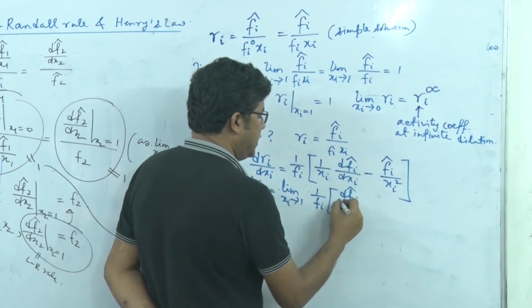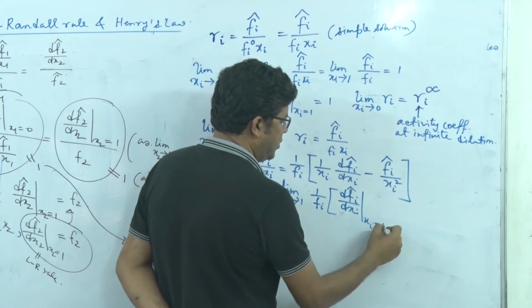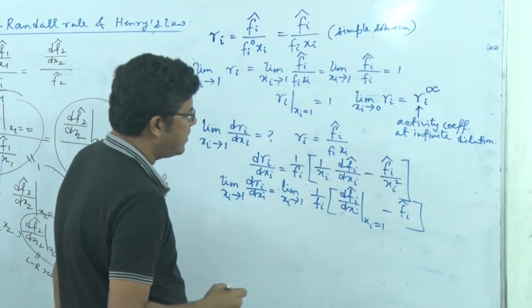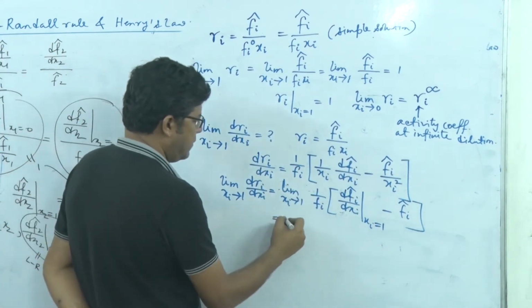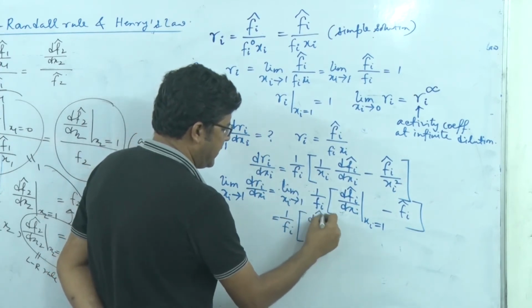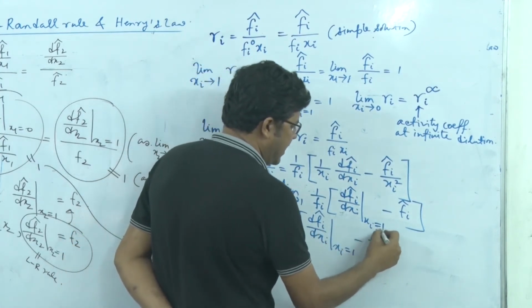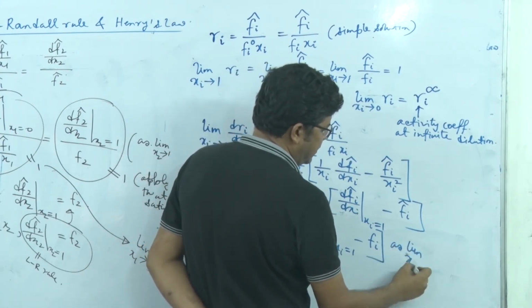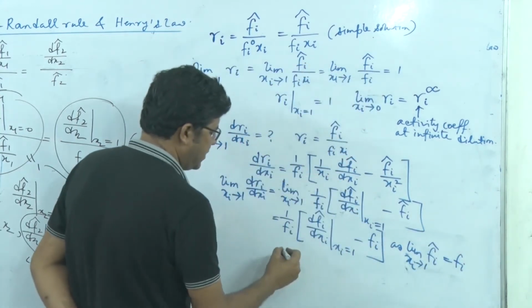So it is d phi i cap dxi at xi equal to 1 minus phi i cap. Now this will be further 1 by phi i times d phi i cap dxi at xi equal to 1 minus phi i itself, as in the limit xi tending to 1, phi i cap is phi i, right?